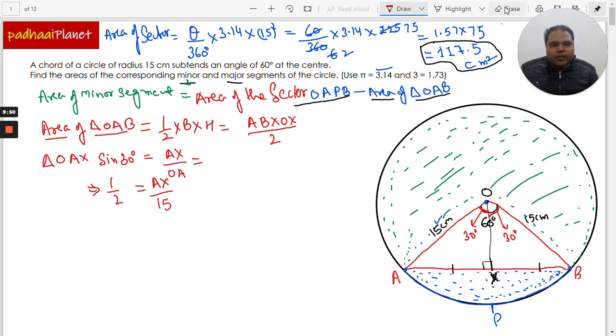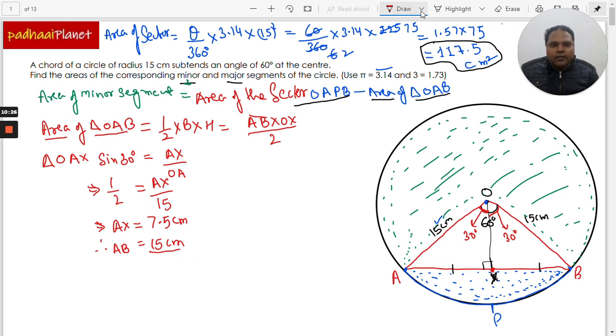So we can say that the value of AX is equal to 7.5 centimeters. Because X is the midpoint of AB, AB would be 15 centimeters, the double of AX.